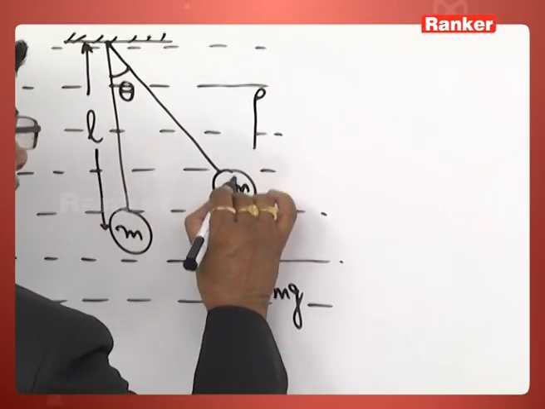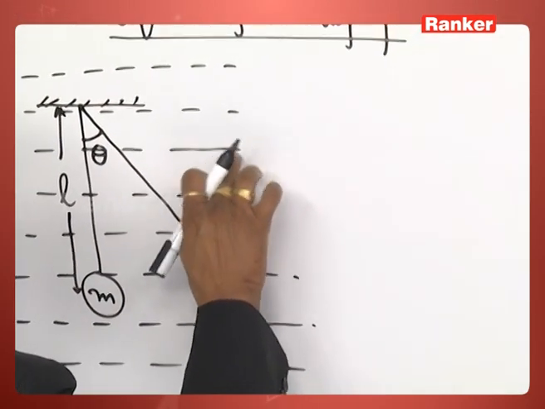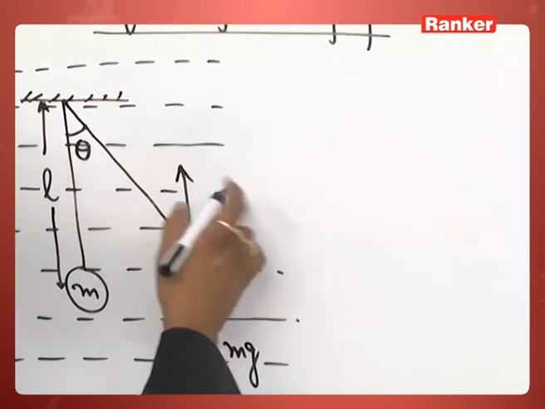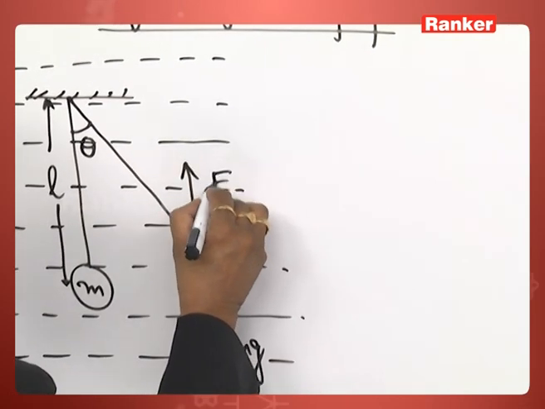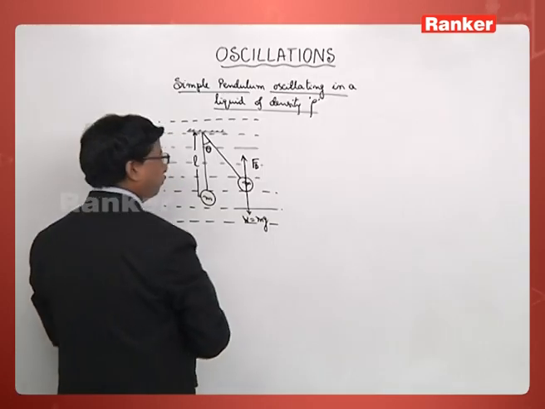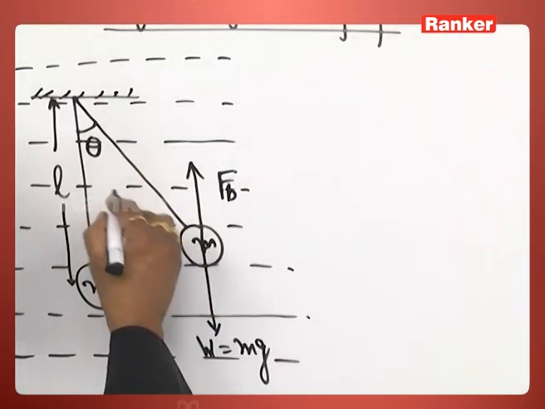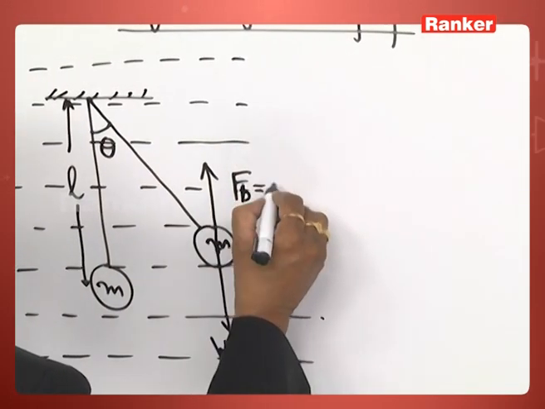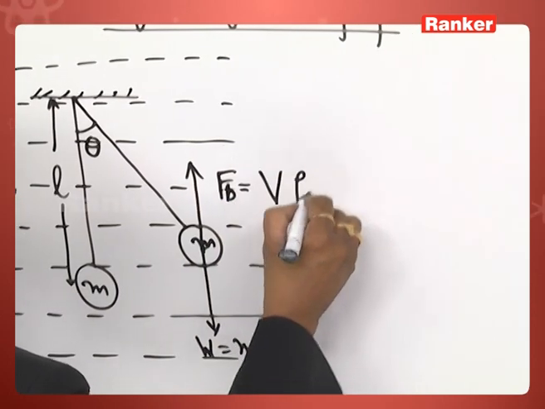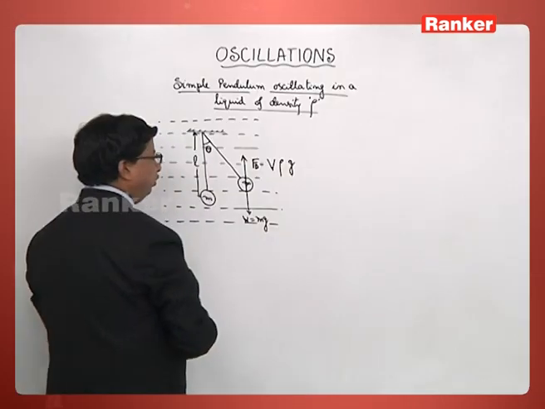Due to the density of this liquid, there will be a buoyant force that is going to act on it. That's called buoyant force. What is that buoyant force over here? That can be written as V rho g.